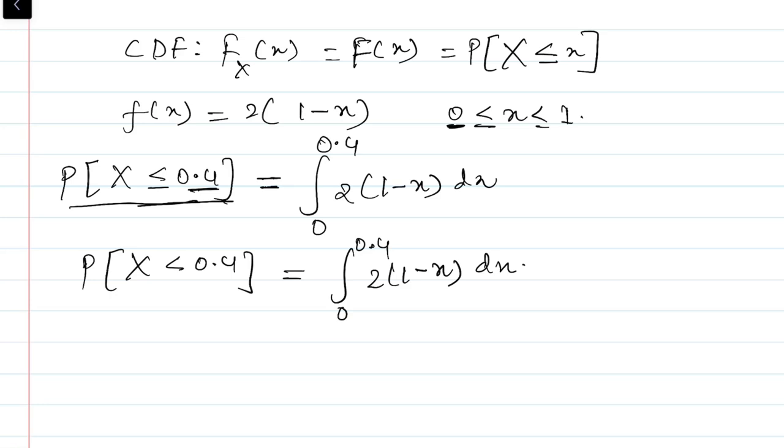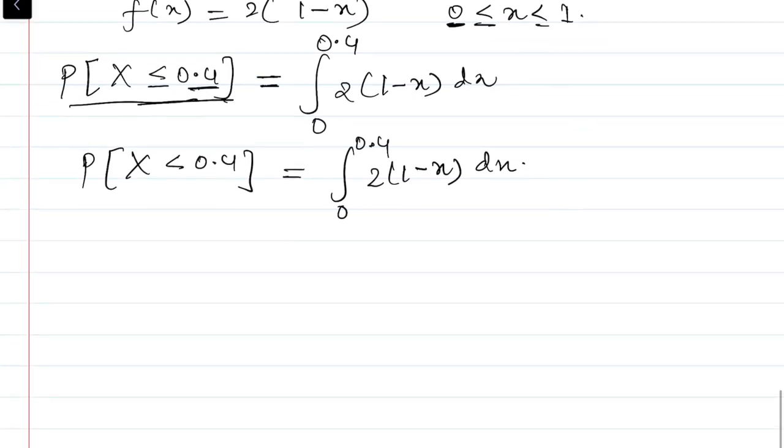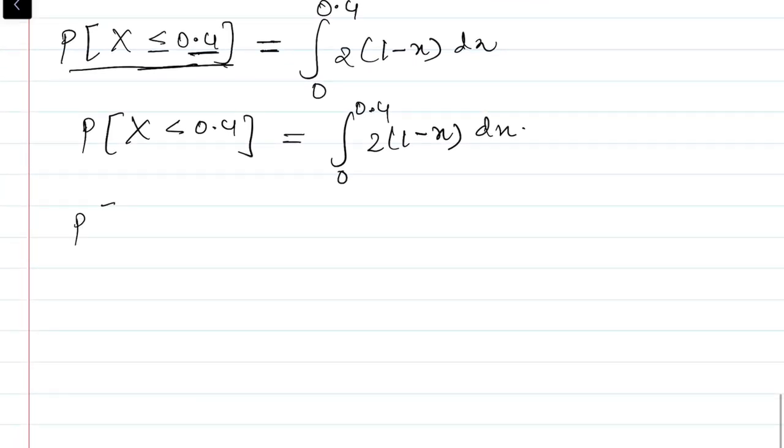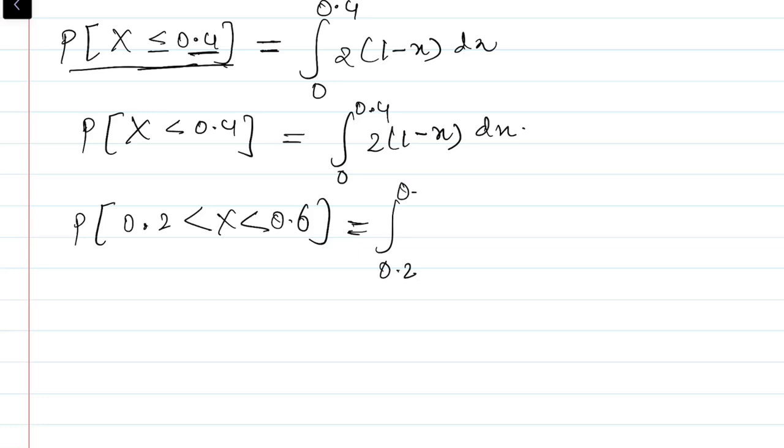Now suppose you are asked to calculate the probability where x is greater than 0.2 but less than 0.6. This is very simple. You'll simply integrate from 0.2 to 0.6 f(x) dx.